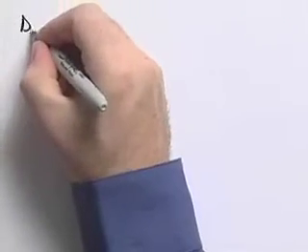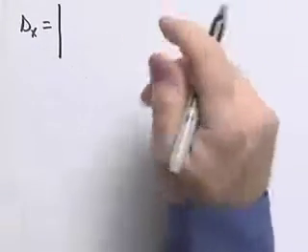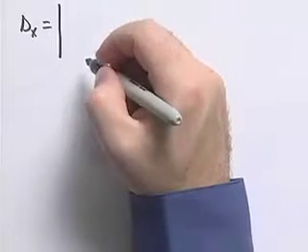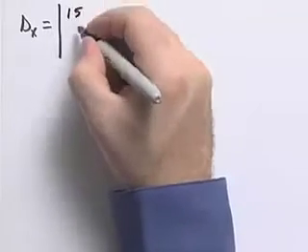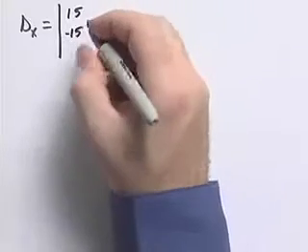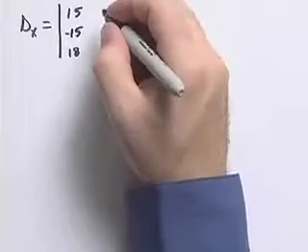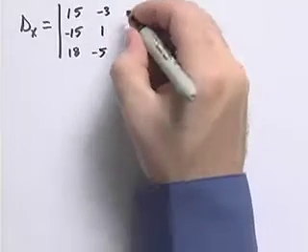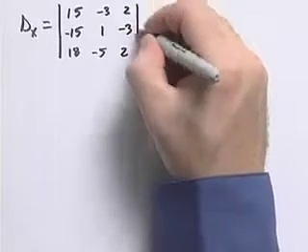For the Dx, to get this determinant, we're going to replace the coefficients on x by the right-hand side, or those constant coefficients. So we'll have 15, negative 15, and 18. Then we keep the other remaining coefficients, so negative 3, 1, negative 5, and 2, negative 3, 2.